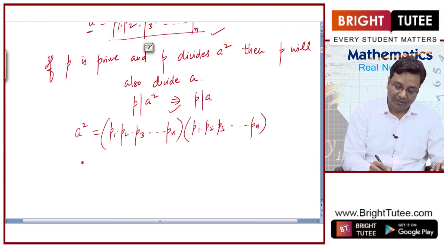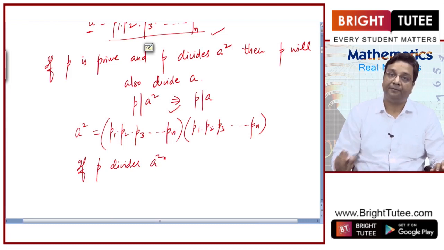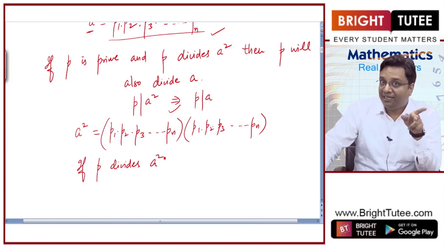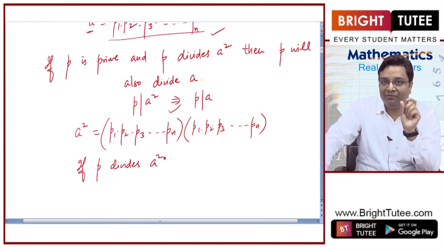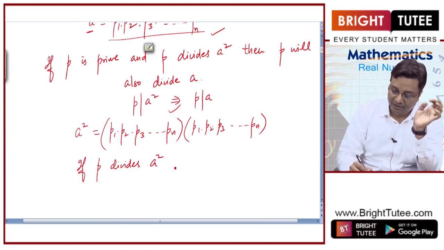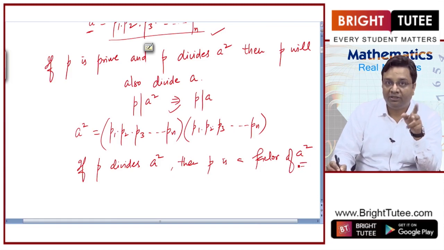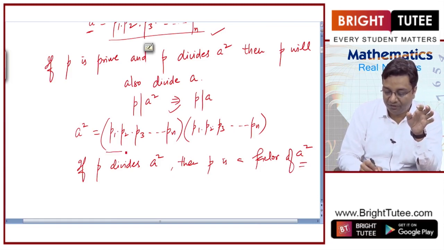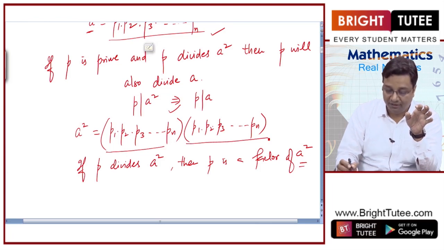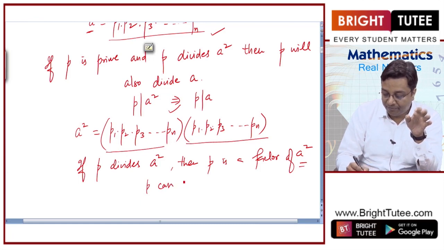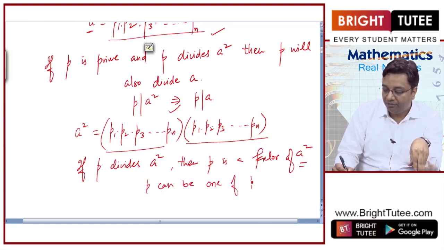If P divides A square, then P has to be a factor of A square, right? Then P is a factor of A square, so it should be there in the prime factorization of A square, which is this, right? So P can be one of these only. P can be one of P1, P2 up to Pn, right?